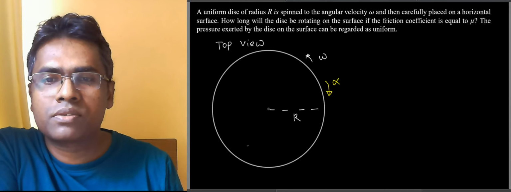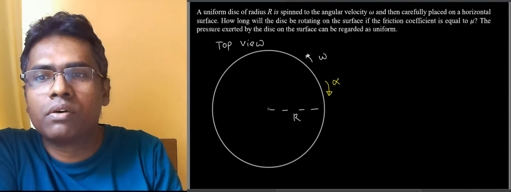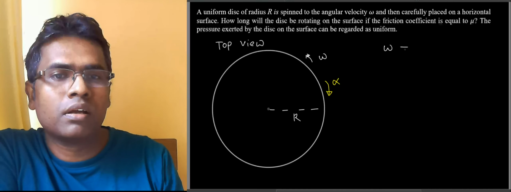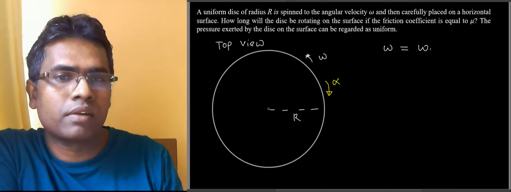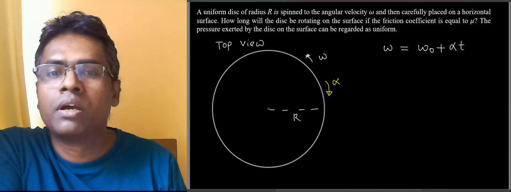So the task is to find the torque provided by the friction first. Then later on we can use the basic kinematic equation: final angular velocity is equal to initial angular velocity plus alpha times t, the angular acceleration times time.